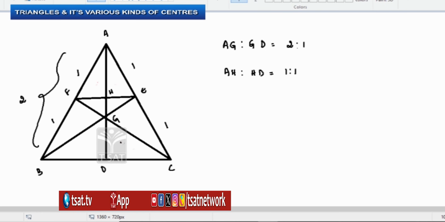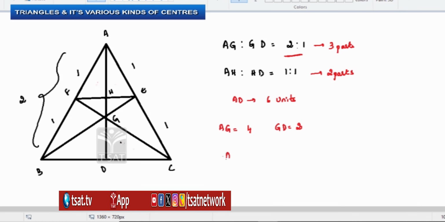So totally how many parts are there? Here there are 3 parts, here there are 2 parts. So take a value which is divisible by both 3 and 2. I am taking AD equal to 6 units. I am dividing AD in the ratio 2:1. Therefore, AG is 2/3 of 6, which is 4. GD is equal to 2 units.